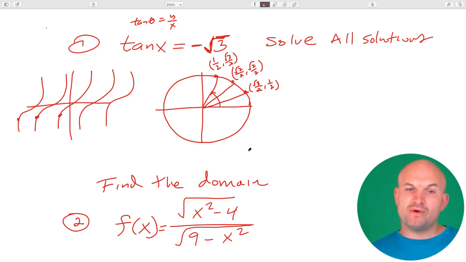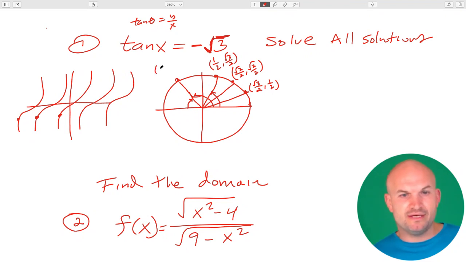Now, the problem is that's a positive square root of 3, so we have to figure out when it's going to be negative. What we can do is look at reflections. That same reference angle of pi over 3, but in the second quadrant, would be 2 pi over 3. You can see that's correct because this would now be negative 1/2, positive square root of 3 over 2.